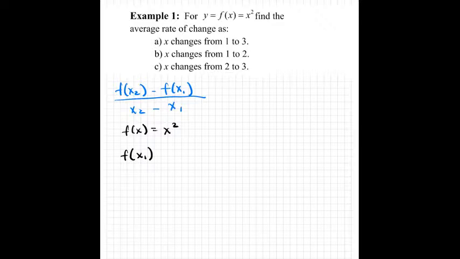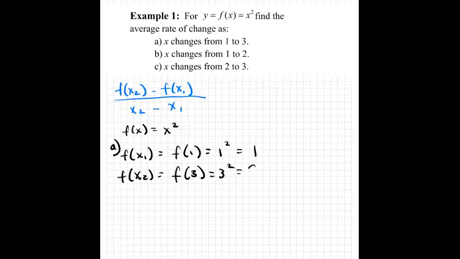In this case, that's f of 1. It's going to be 1 squared, which is 1. And then f of x2, which for part A is going to be f of 3, which is 3 squared, which is 9, right?